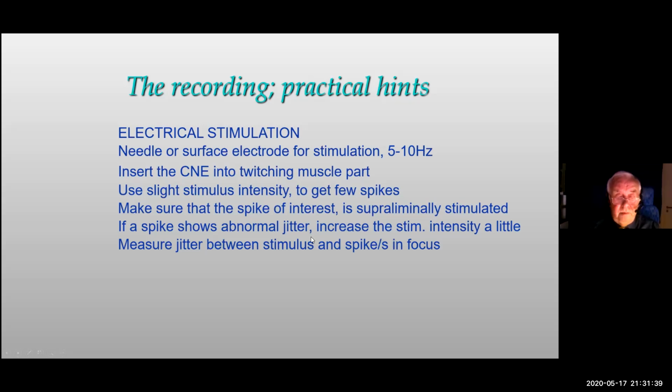And if the spike shows abnormal jitter, increase the stimulus intensity a little. And we measure between the stimulus and the spike. And that is how it is arranged in the machine. You don't need to think of that.